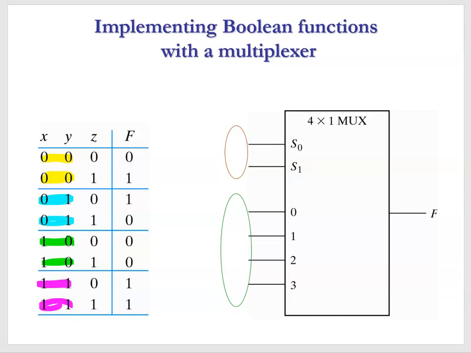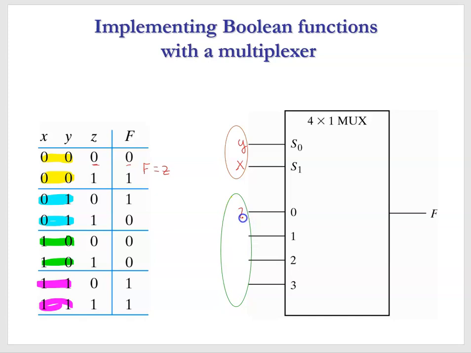If we instead use x at S1 and y at S0, then when we're at 0, 0, what we want f to be is a 0 when z is equal to 0 and a 1 when z is equal to 1. So in this, when x and y are 0, 0, we just have f is equal to z.